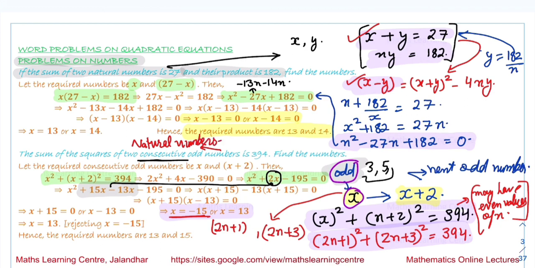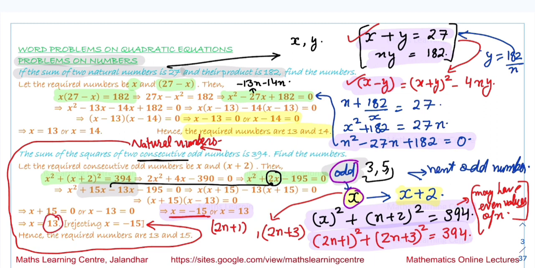That is why we are rejecting this minus 15 from this answer, because we are talking about the odd natural numbers. So the first number we have is 13. The next number will be x plus 2. X is 13, so the next number will be x plus 2, that is equal to 15.